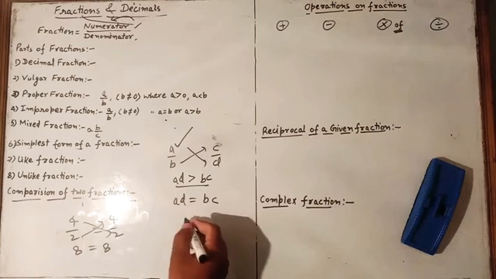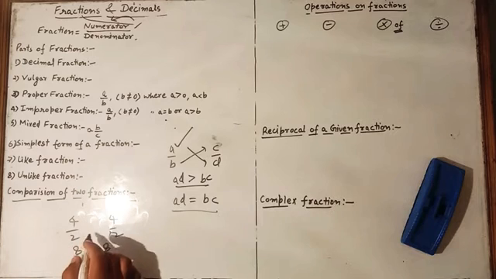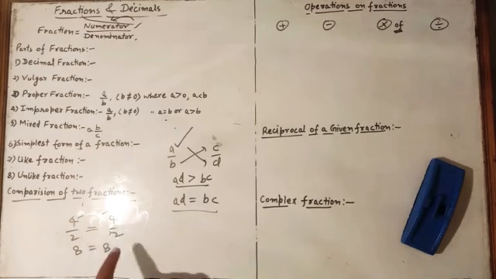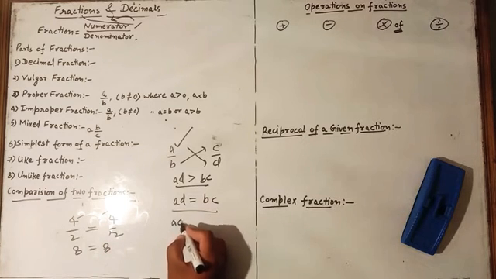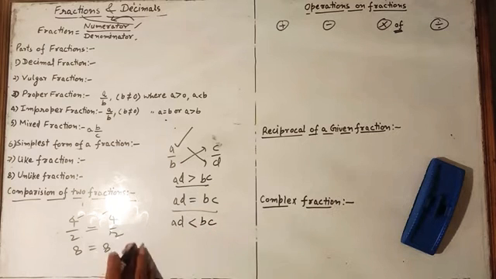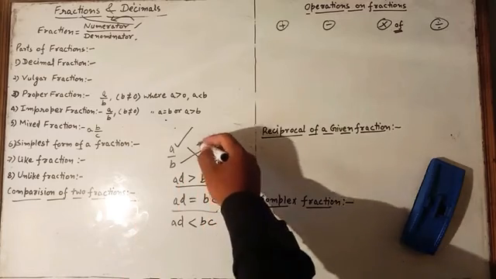AD is equal to BC. Then these two fractions will also be equal. Here we can write 4 by 2 is equal to 4 by 2. Both will be equal. And the third case is when the other one is greater. For that we can write symbolically AD is less than BC. That will be the case. So like this we can compare by cross multiplication.